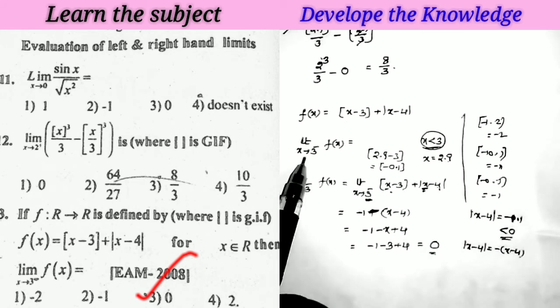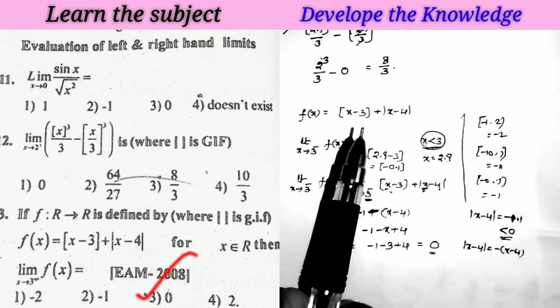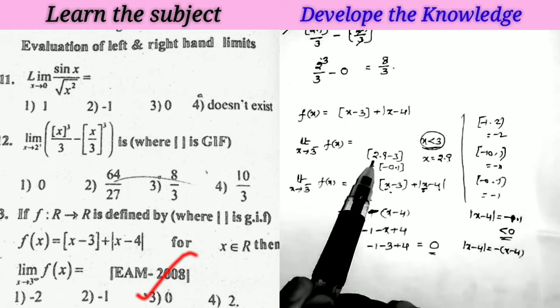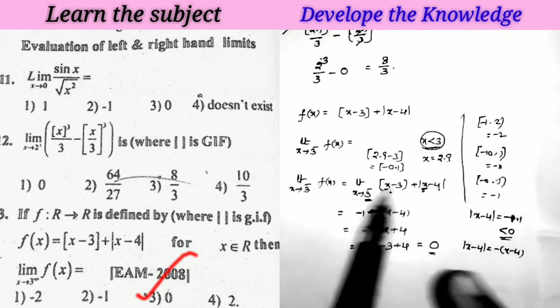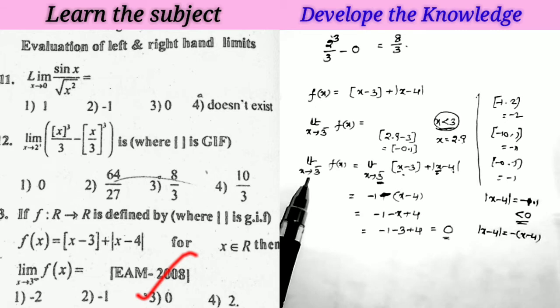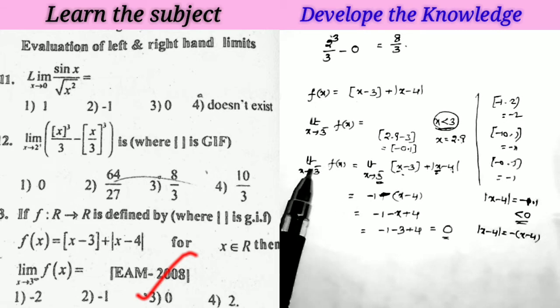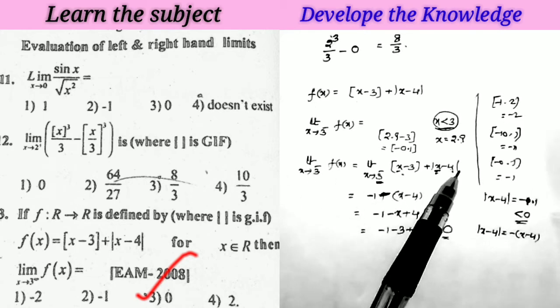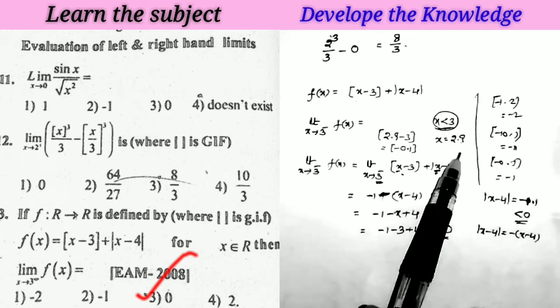Very simple. X tends to 3 minus means we just take a number very close to 3 and less than 3. That's all. So we take the number 2.9, replace that value, and find the step function value and modulus value, and replace the x limit. Here we replace only 3. When we have the step x function or modulus value, only then do we take the value 2.9.